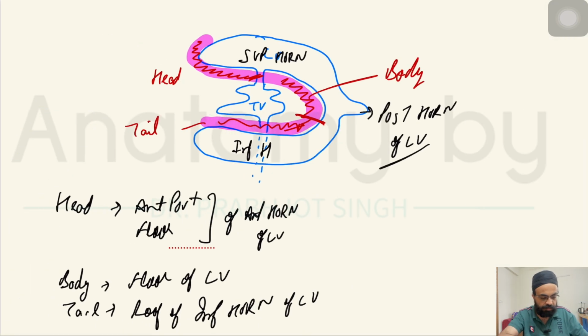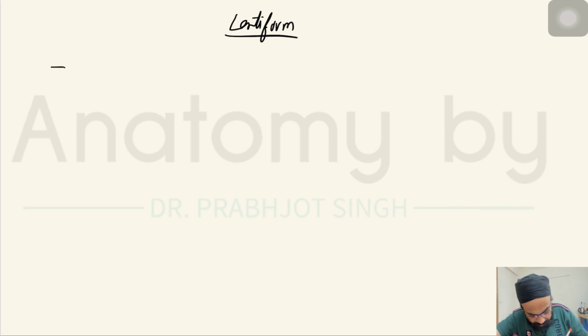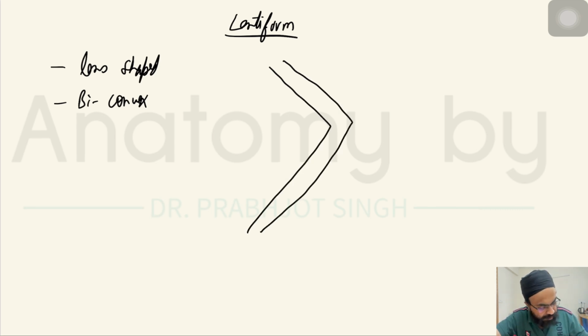Now let us have a look at the next nucleus, that is the lentiform. Lentiform, as the name says, is lens shaped, biconvex. So you have to draw. This is the internal capsule. Over here I have the lentiform.